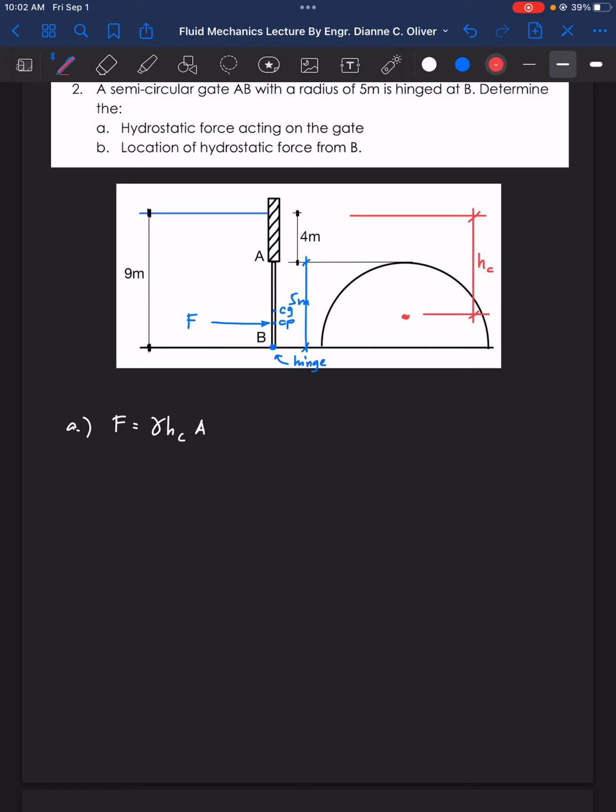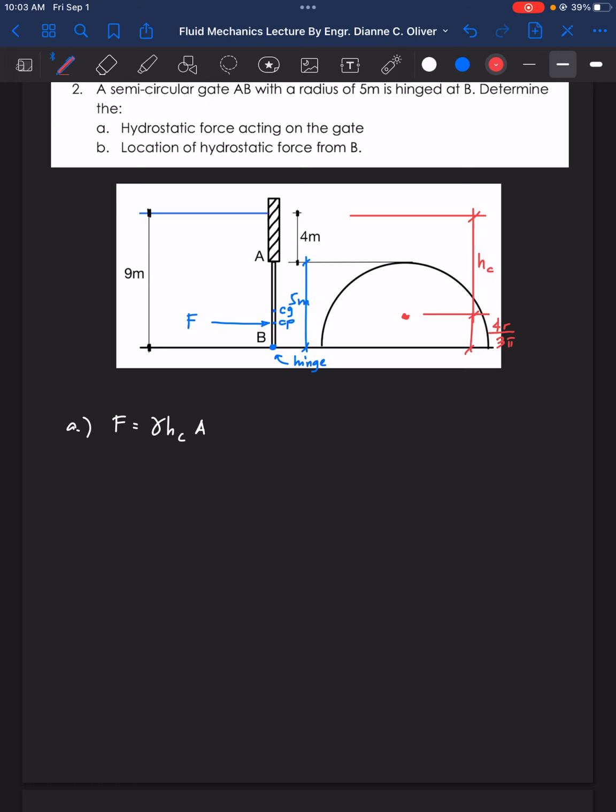What is the formula for the center of gravity of a semicircle? From the diameter, it is 4r over 3 pi.